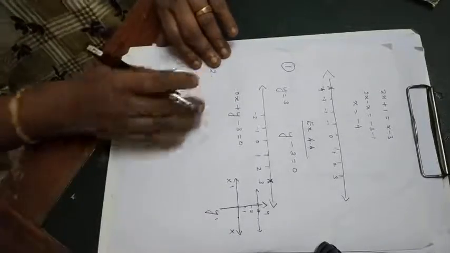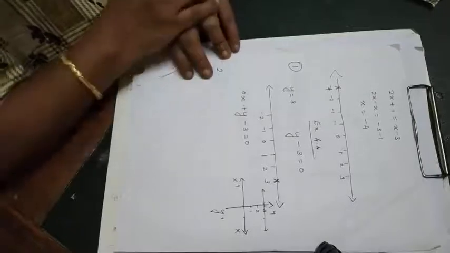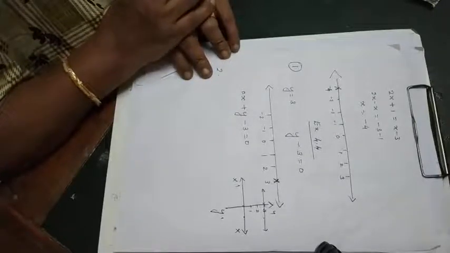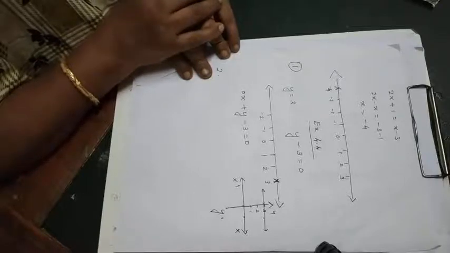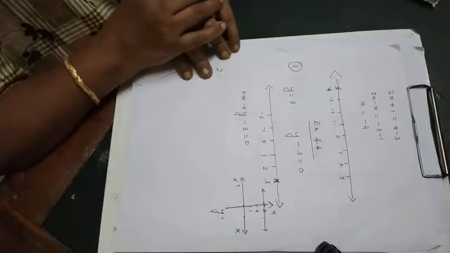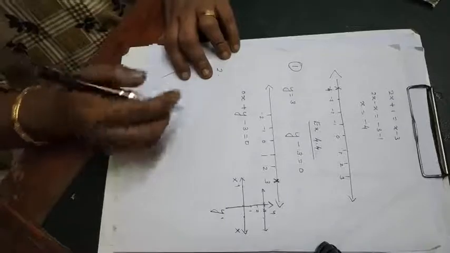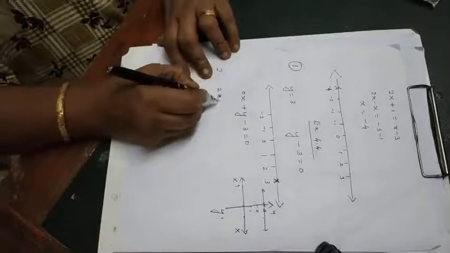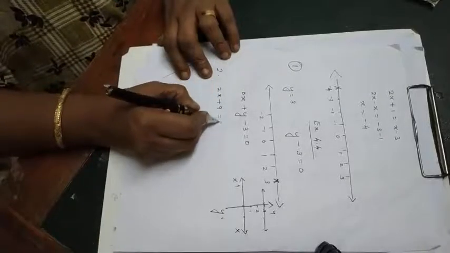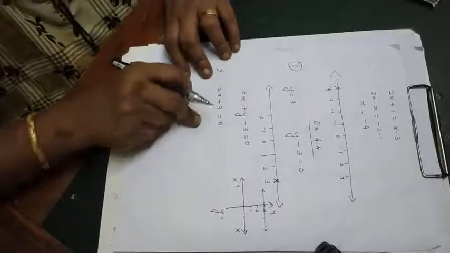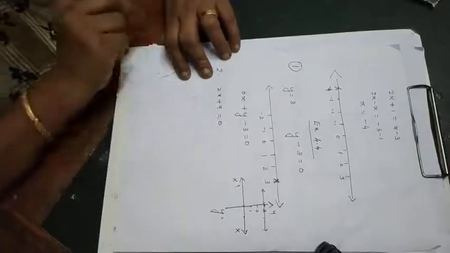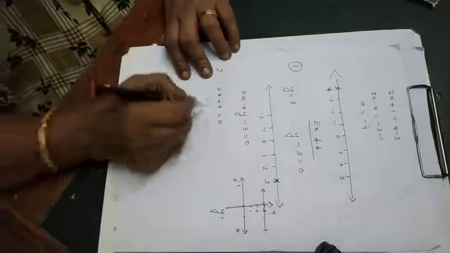Now second one, give the geometric representation of 2x + 9 = 0 as an equation in one variable and in two variables. So 2x + 9 = 0, that is, the question itself is an equation in one variable. Okay, now how will you represent?